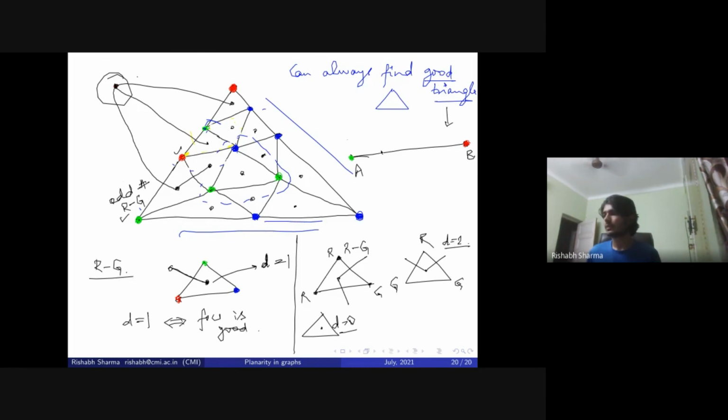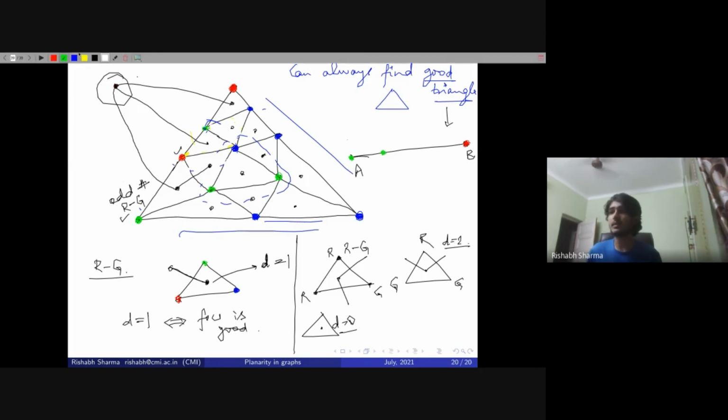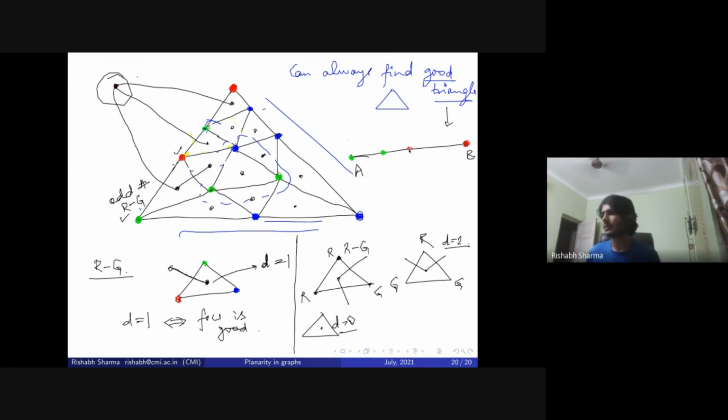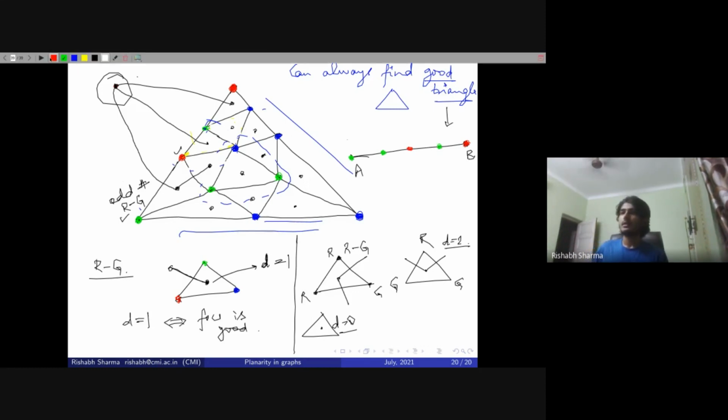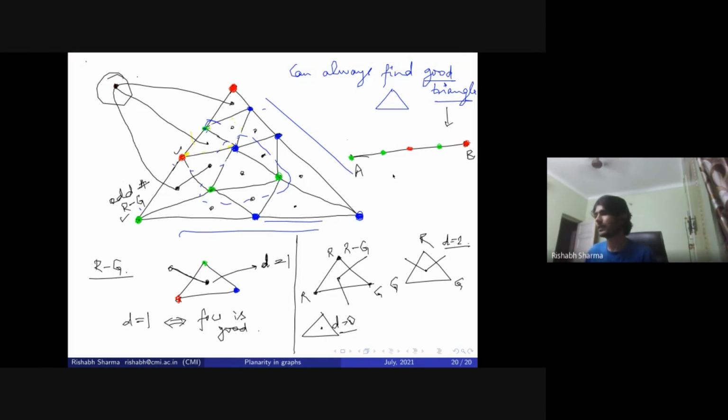So suppose this looks something like this. Then I traverse from the left.